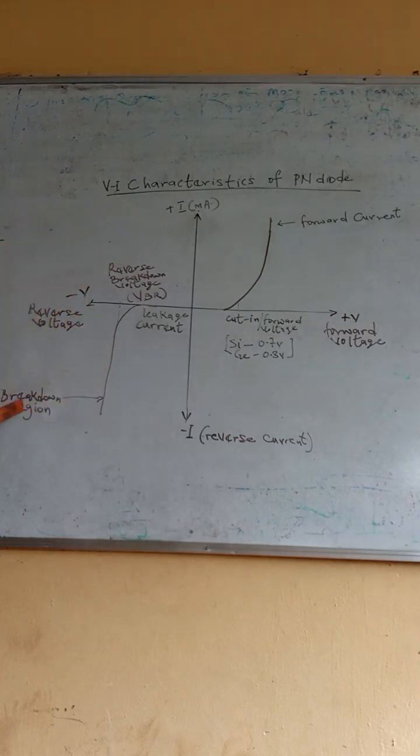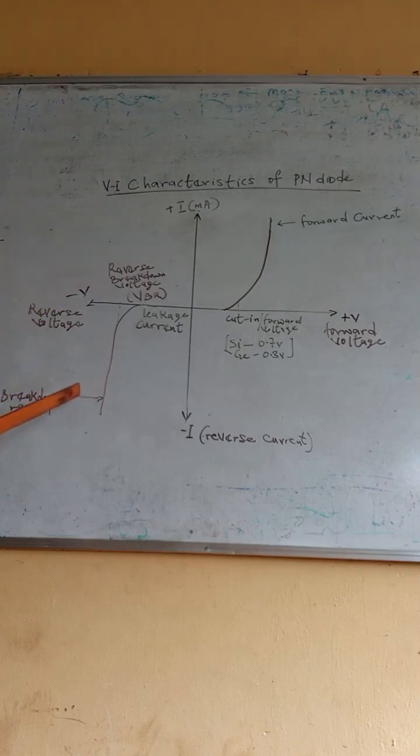All this region from here down here is called the breakdown region. That is the region at which, when you continue increasing the voltage of a PN diode in reverse bias condition, the diode will just get burnt.